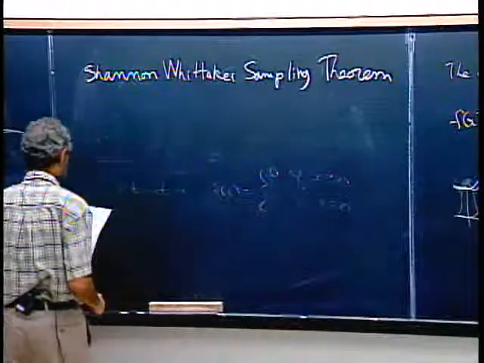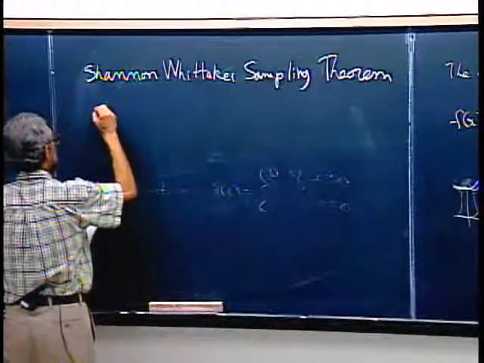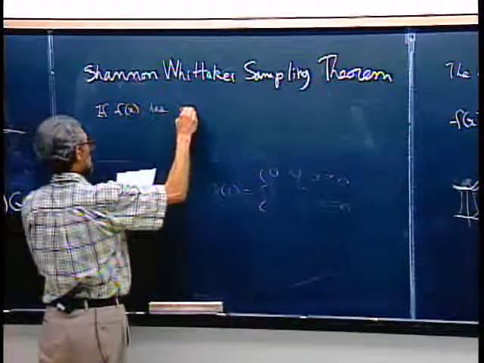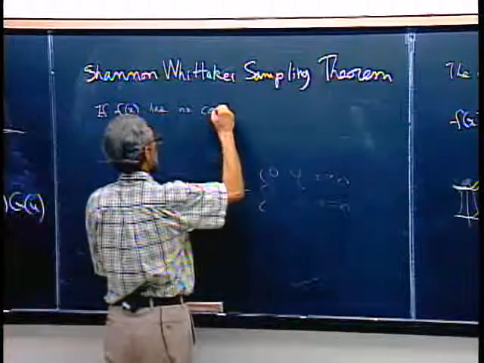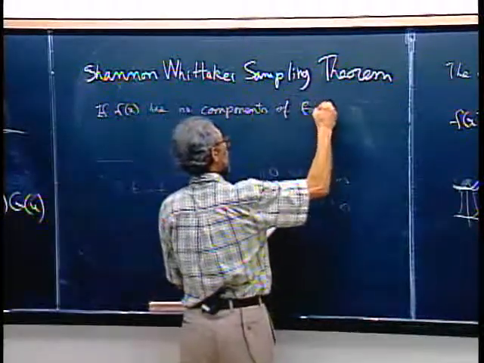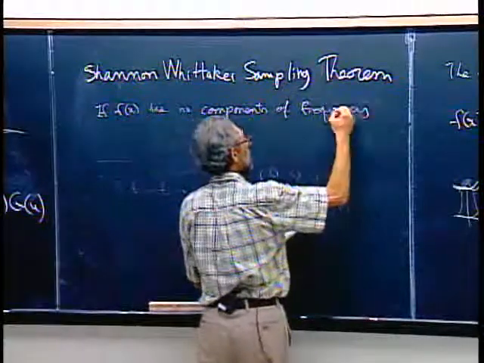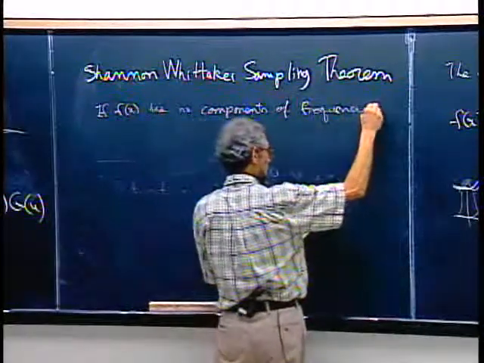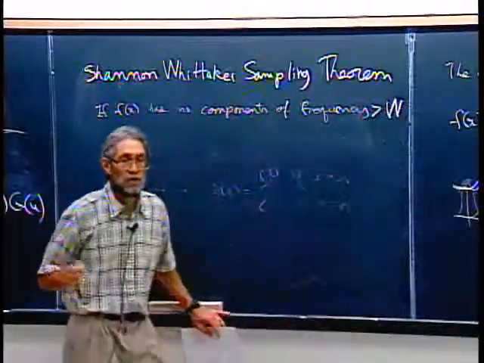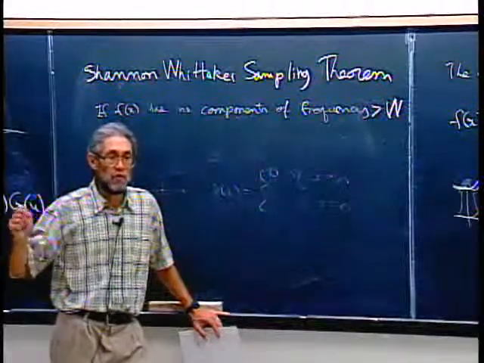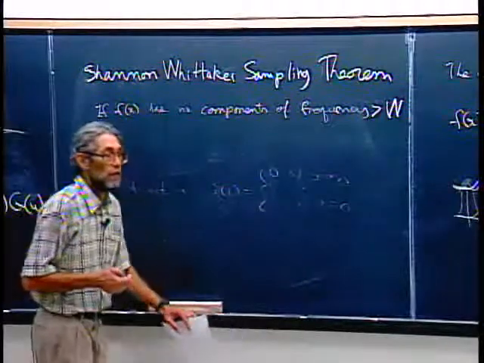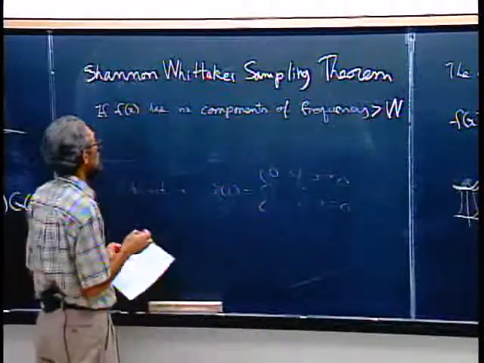That says if f of x has no components of frequency, say greater than W, which means when you take its Fourier transform, the Fourier transform is 0, except between minus W and plus W, because the Fourier transform represents those frequencies.